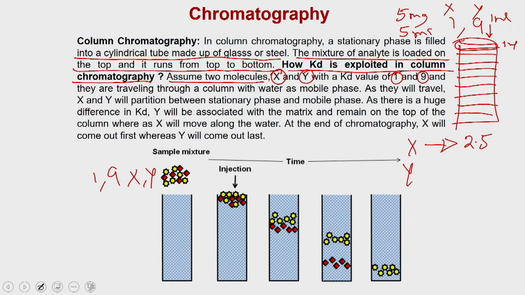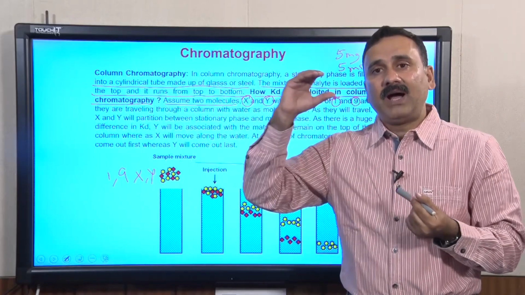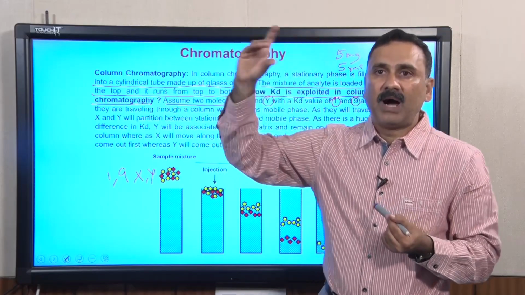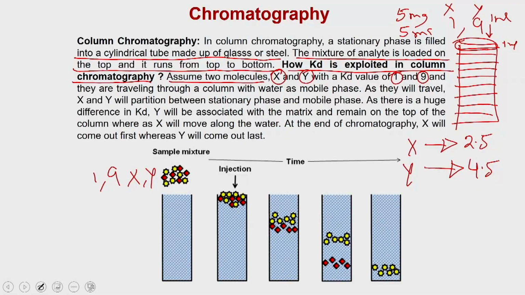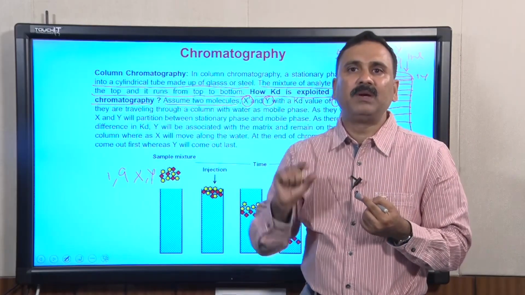Similarly, Y is distributed as 4.5 versus 0.5 because the Kd value is 9. This means 4.5 milligrams of Y will be bound to the first layer of beads, whereas 2.5 milligrams of X is going to bind to that particular bead.